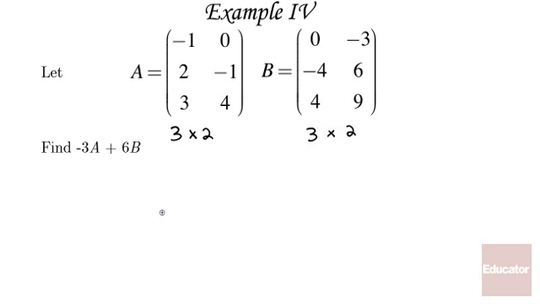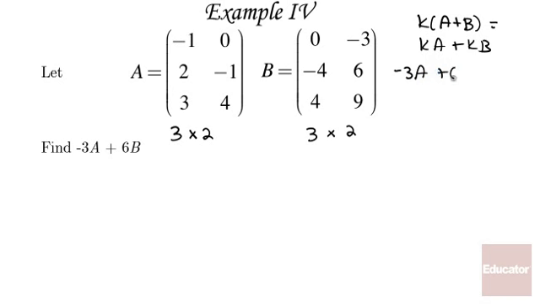Okay, just to note, looking at the distributive property, that says that K, a scalar, times A plus B, these two matrices, equals KA plus KB. So there's actually another way I could do this.